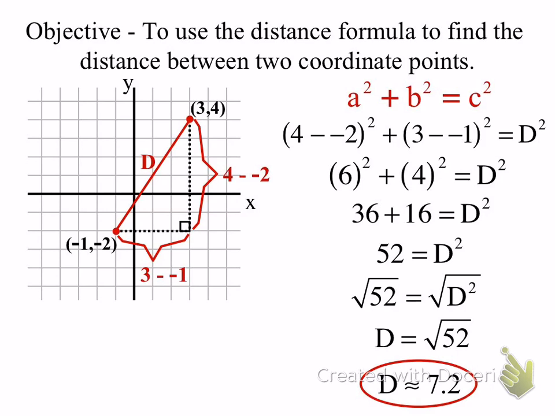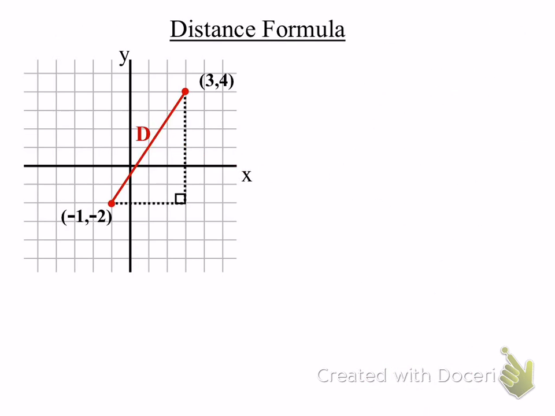Well, you with me? If I take, instead of using those numbers, let's use the variables. Let's call this point 1 and this point 2. To find this distance, what did I find? I found the difference in my y's, right?